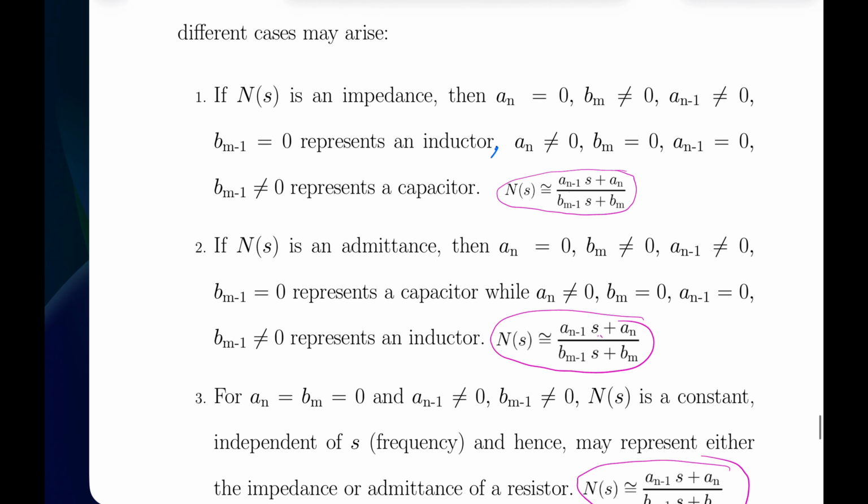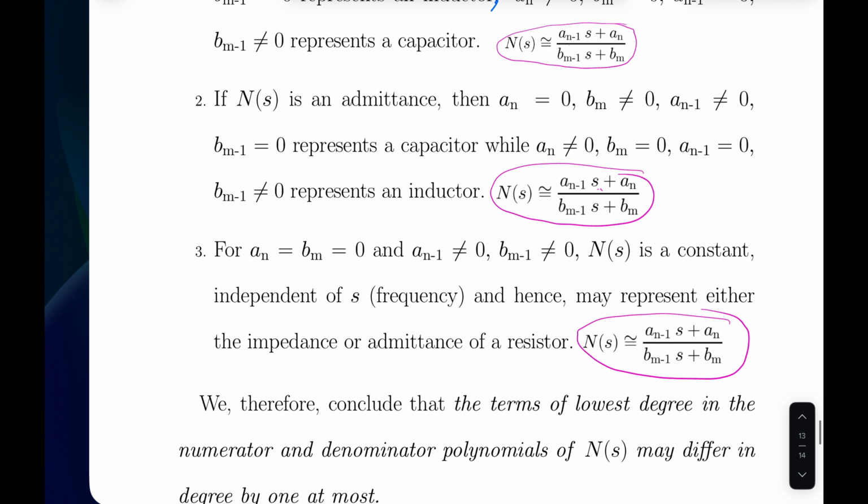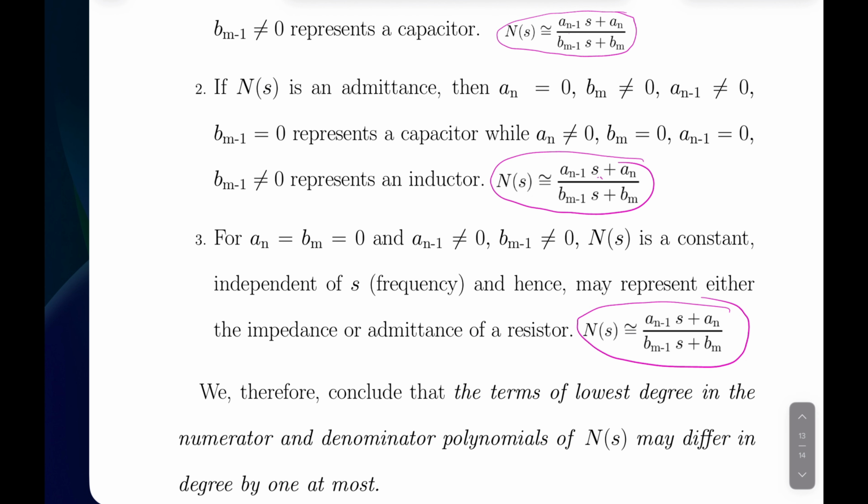Second case is N(s) is an admittance. We now take an equal to 0 and b(m-1) equal to 0. Proceeding in the same way, we find that this represents a capacitor, while bm equal to 0 and a(n-1) equal to 0 represents an inductor.